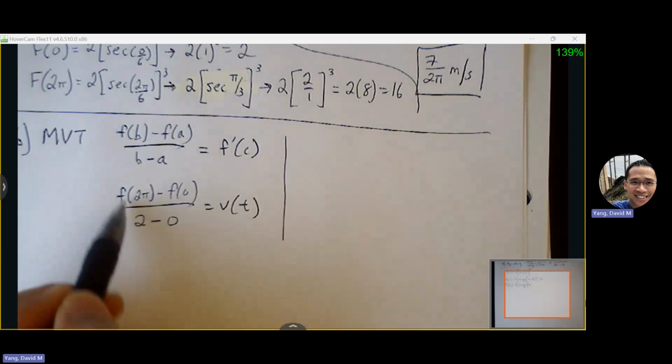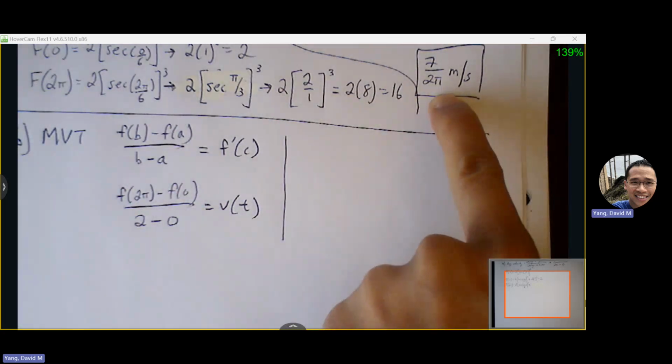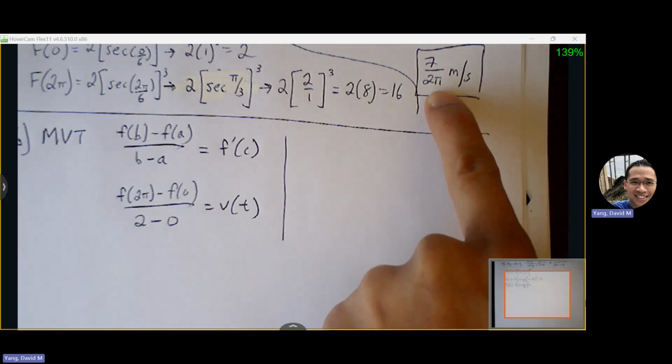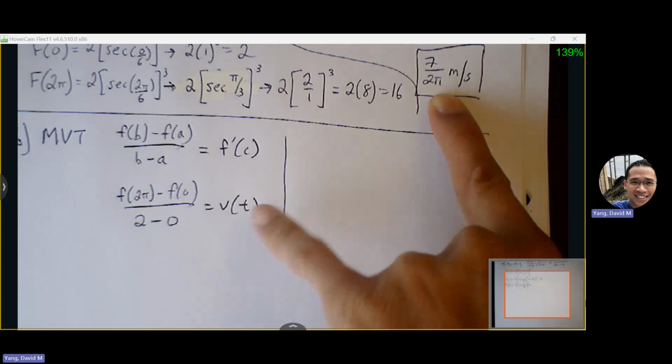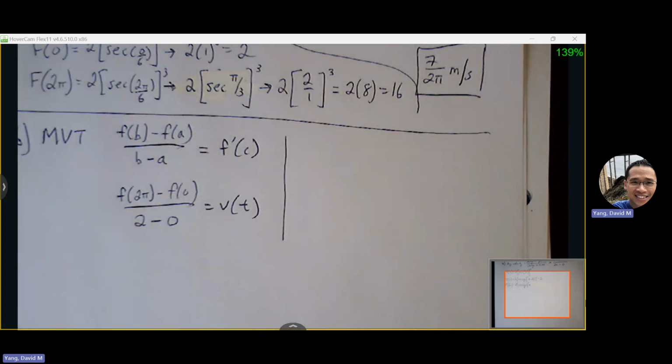We have this piece, right? We already know that we can guarantee that somewhere this particle is going to reach this average velocity of 7/2 pi. And we can just set the velocity equal to this. But it's only asking us to set it up. We're not asked to solve it.